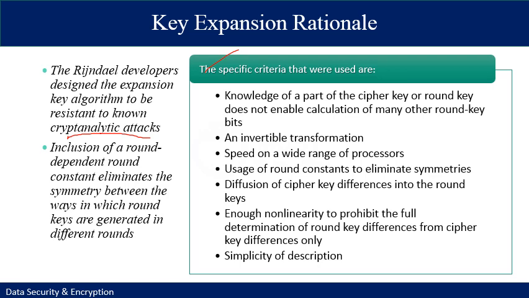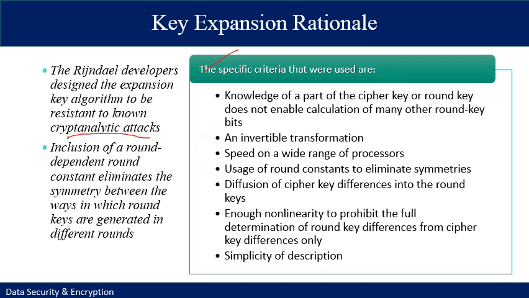It is an invertible transformation, that means knowledge of any number of consecutive words of the expanded key enables regeneration of the entire expanded key. It is fast on a wide range of processors, and it uses a round constant to eliminate symmetries.